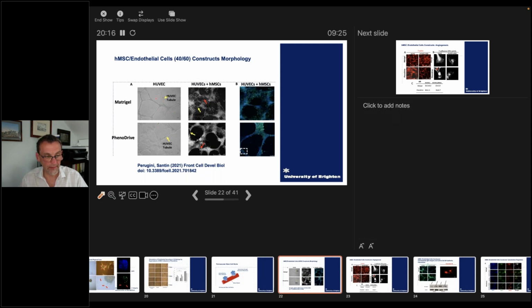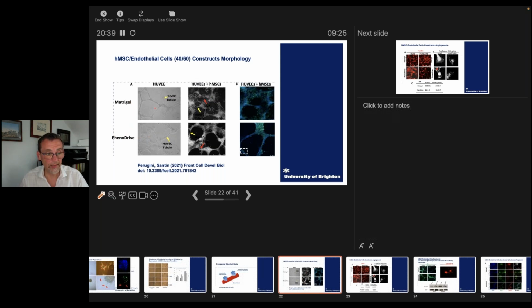So as I said before, the tissue culture plastic was coated either with Matrigel or PhenoDrive. Cells were seeded in serum-free conditions, and you can see how more structured the angiogenic tubules are formed by HUVEC when they grow on PhenoDrive like on Matrigel.